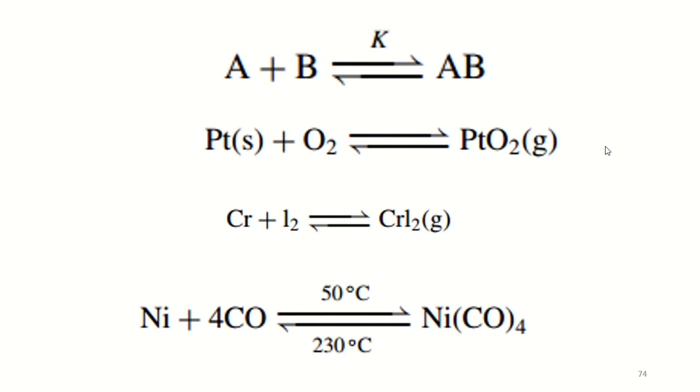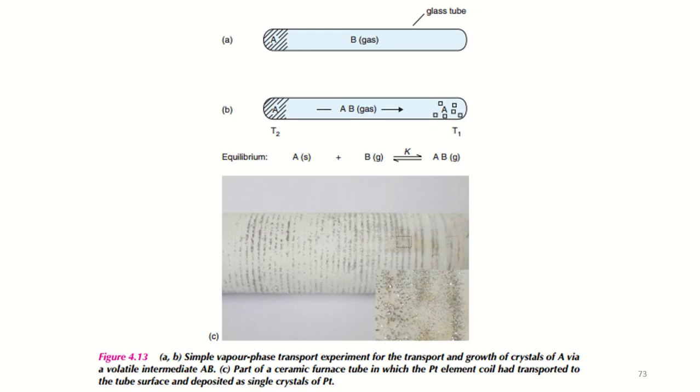The platinum oxide PtO2 diffuses to lower temperatures where it may deposit well formed crystals of platinum metal.